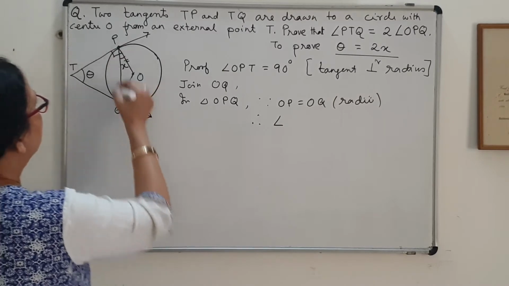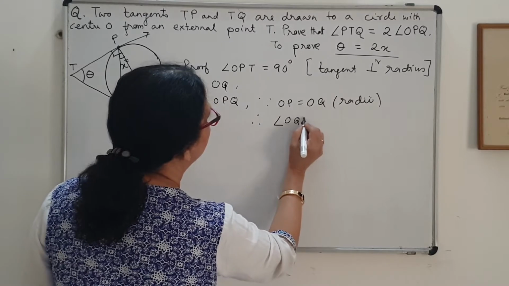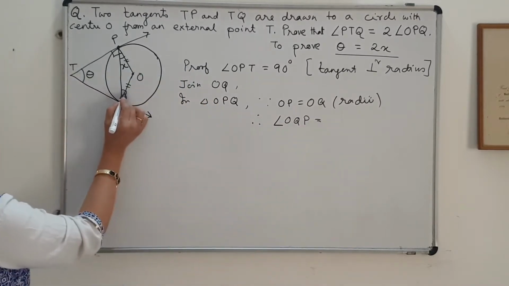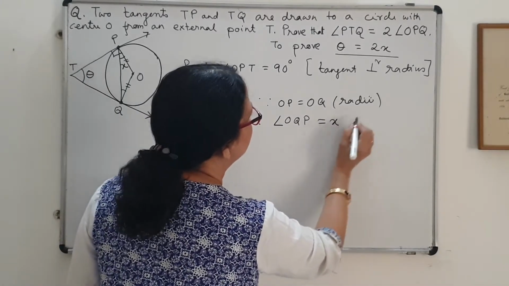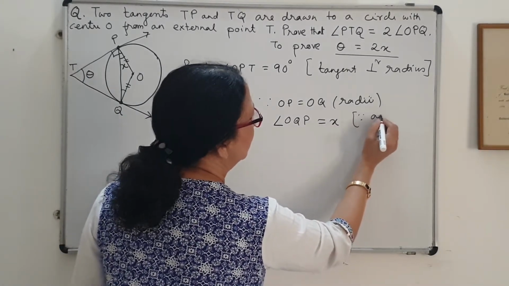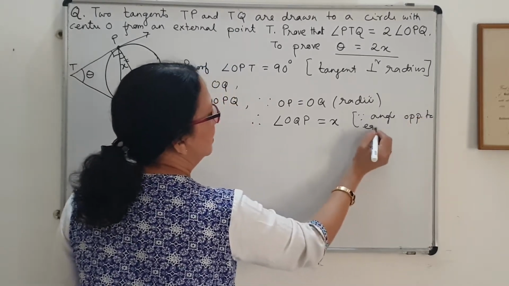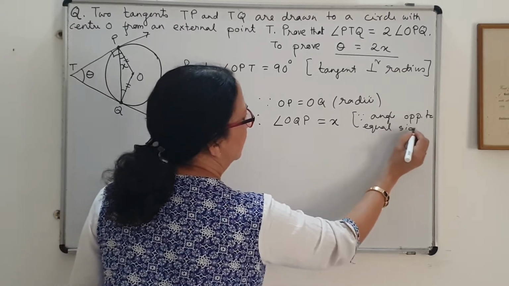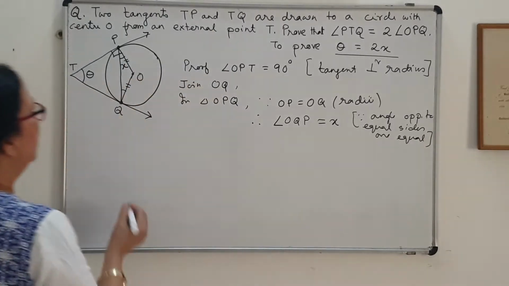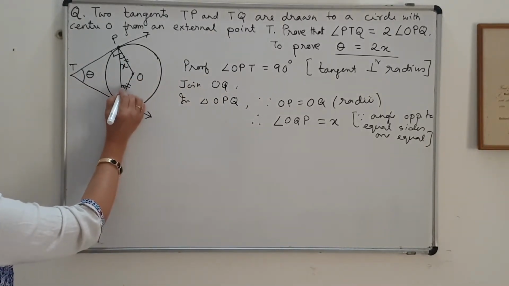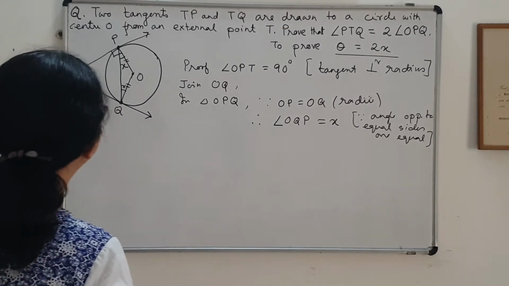So angle OQP will be equal to this angle x, since angles opposite to equal sides are equal. That is the logic. So this one will also be x. Okay, that I agree. Now after that, what will I be doing?